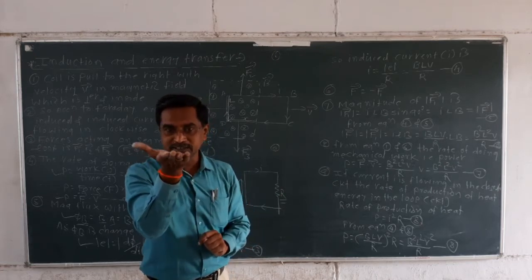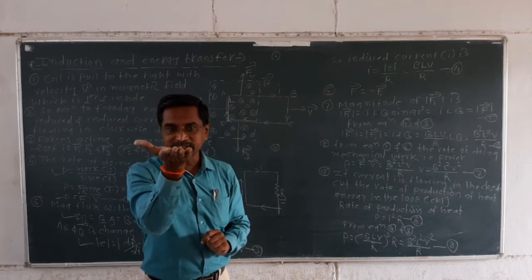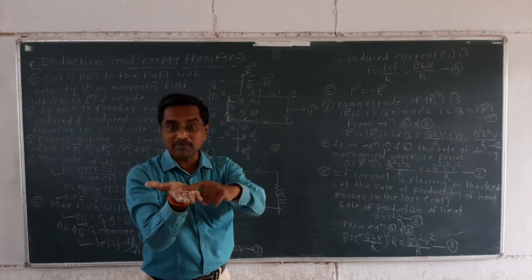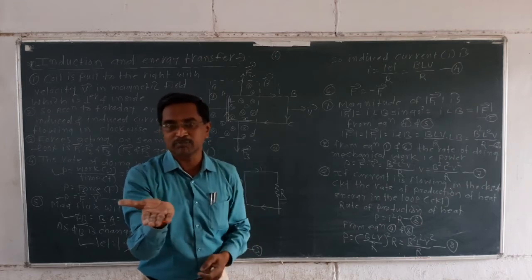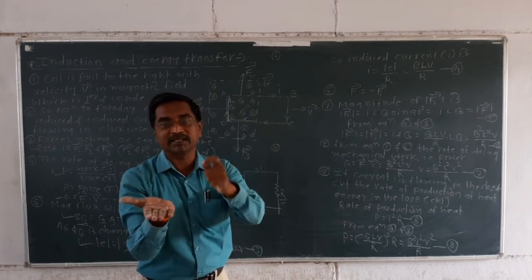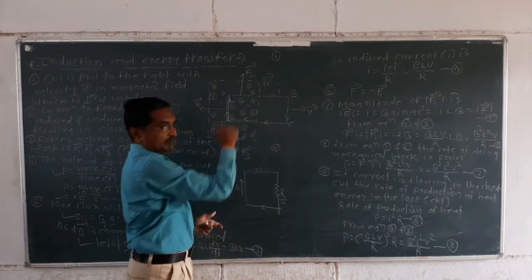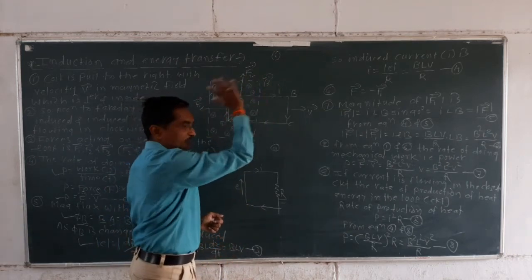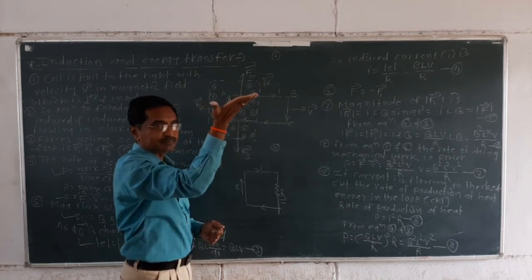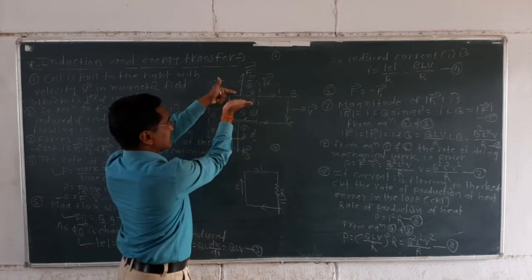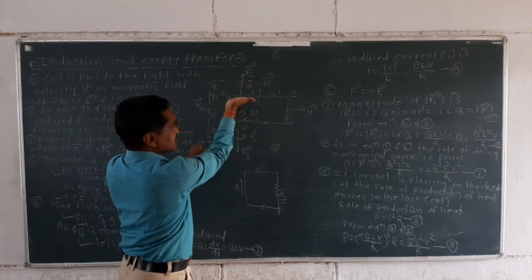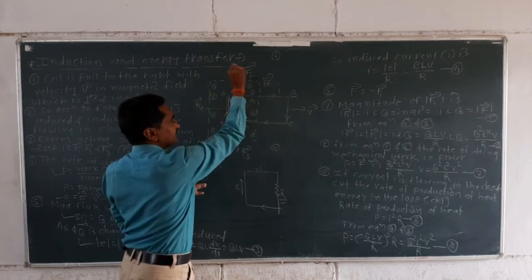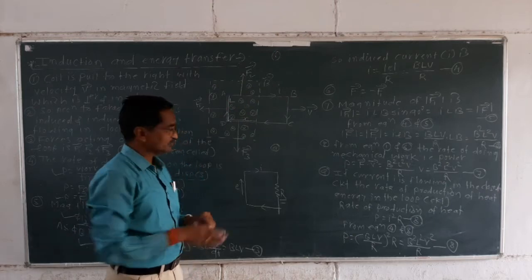When you keep the right hand in this way, the surface of the palm gives the direction of the force acting on that current carrying conductor. Apply the magnetic field direction and the current direction, and the palm faces upward. So the force acts here in the upward direction.